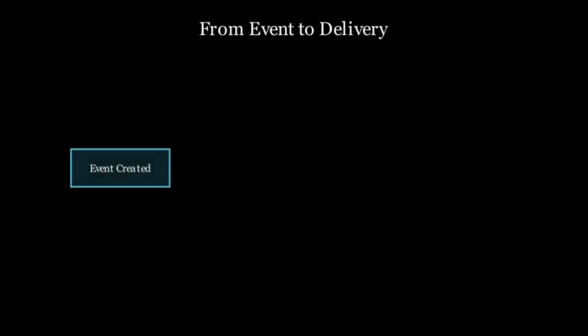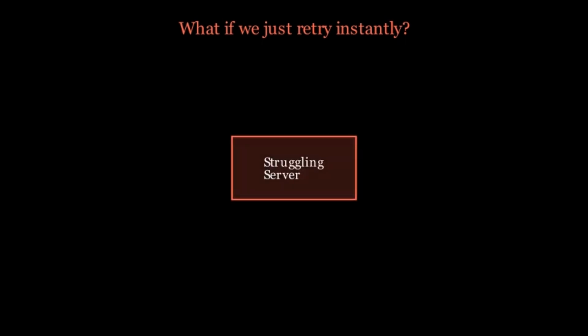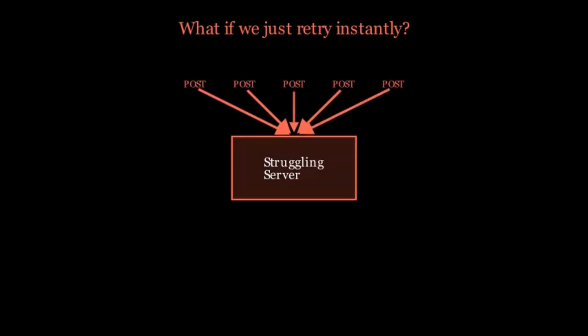Here's the flow. Step by step. An event is created, it goes into a queue, a worker picks it up, and sends a post to the client. Success or failure? Now, what if we just retried instantly on failure? Imagine the receiving server is already struggling. We immediately fire another request, and another, and another.